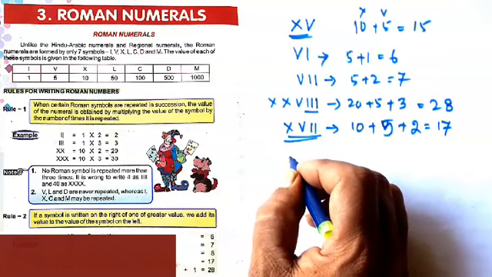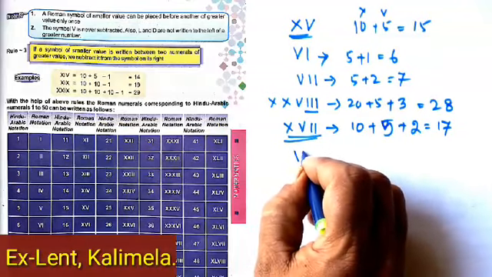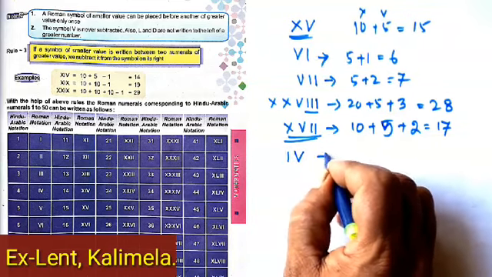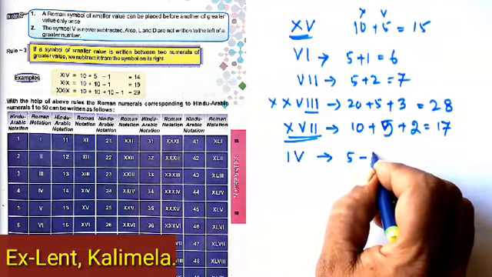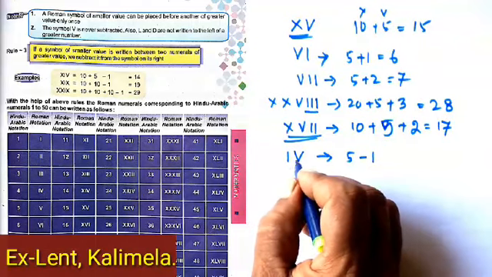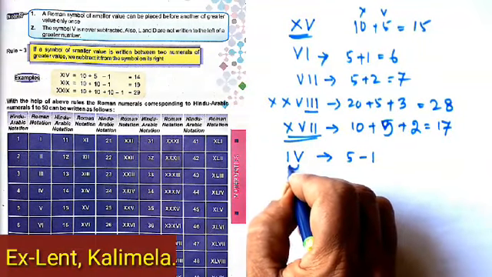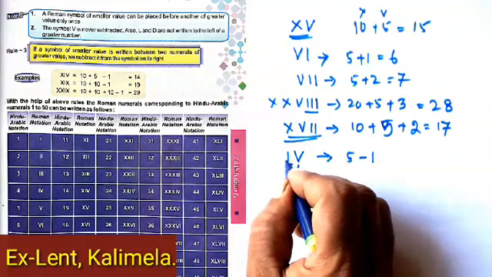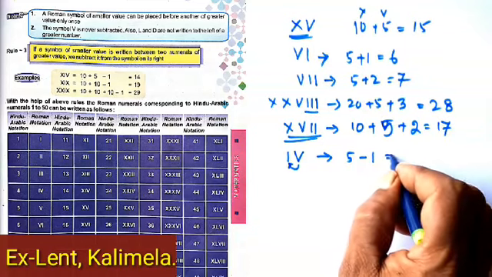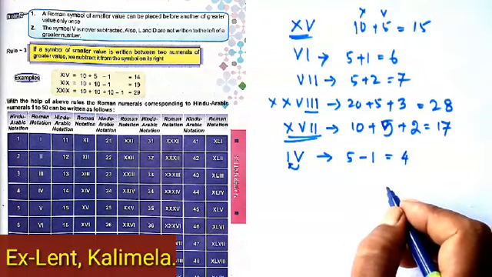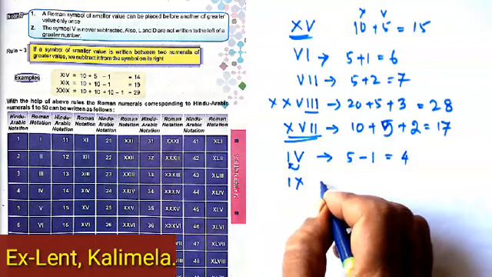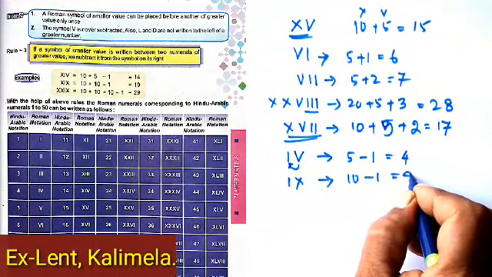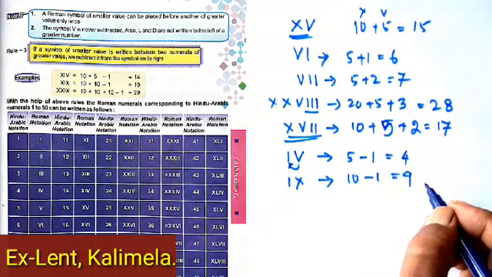If the symbol is before, for example I is before V, the value is 5 minus 1, because I is before the greater number. So the value of IV is 5 subtract 1, that is 4. Likewise IX, I before X means 10 minus 1 is 9. Okay.